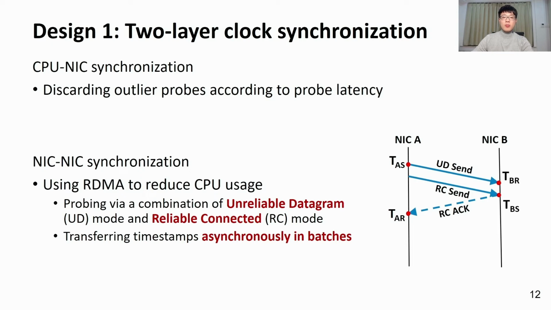The optimization prevents the involvement of server B's CPU in the critical path of synchronization. Second, 2L clock transfers the timestamps generated by NIC B asynchronously to server A in batches, so server A can calculate the clock offset between NIC A and NIC B with these timestamps.